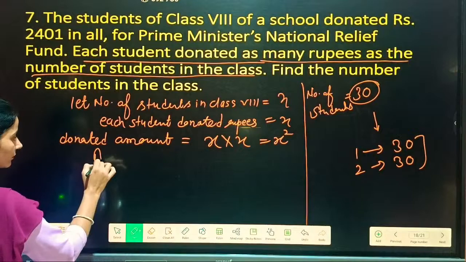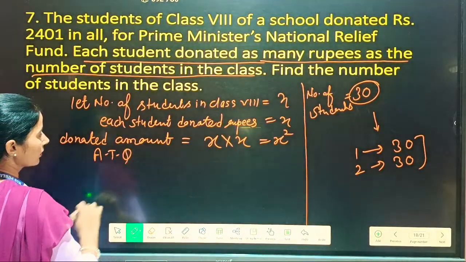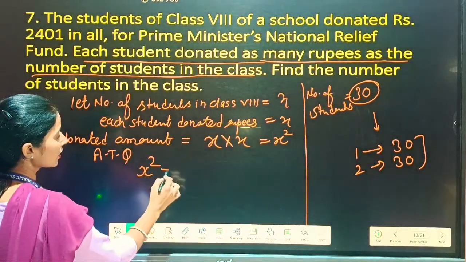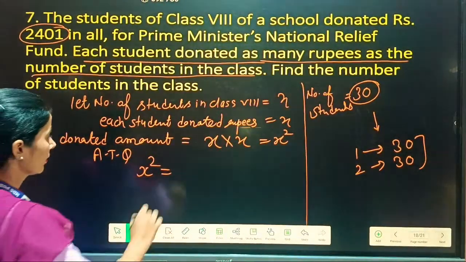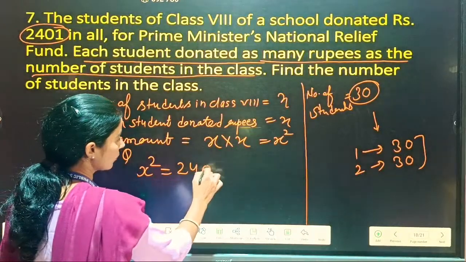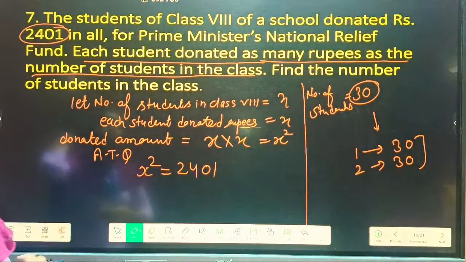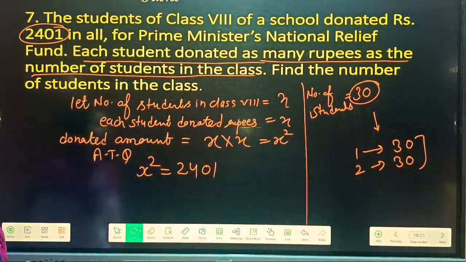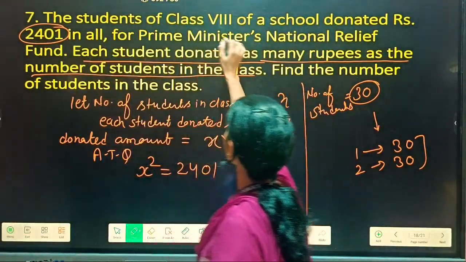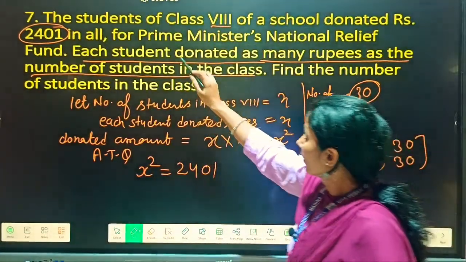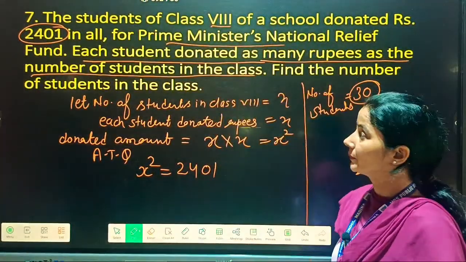According to your question, this amount of donation is given, 2401. 2401 means this is the total amount the students of class 8 of a school donated.